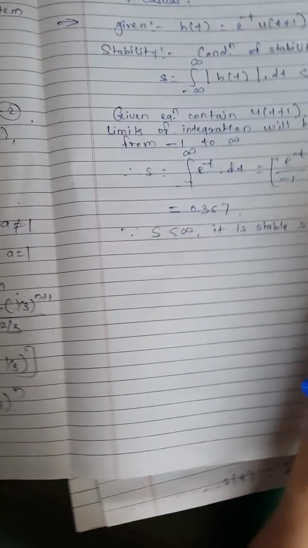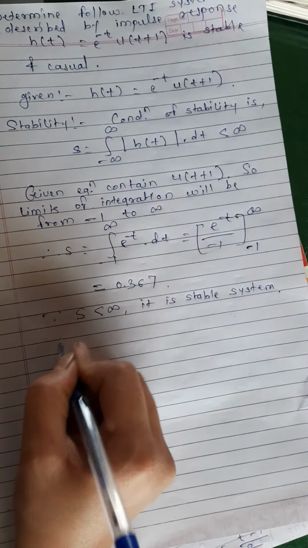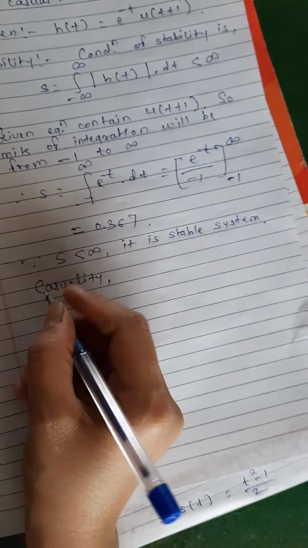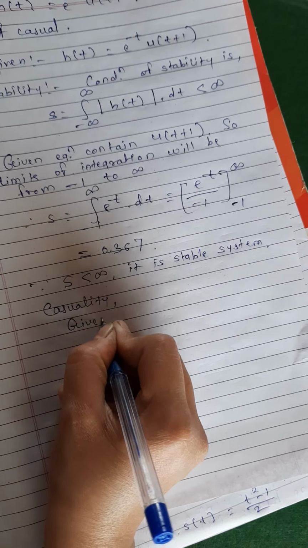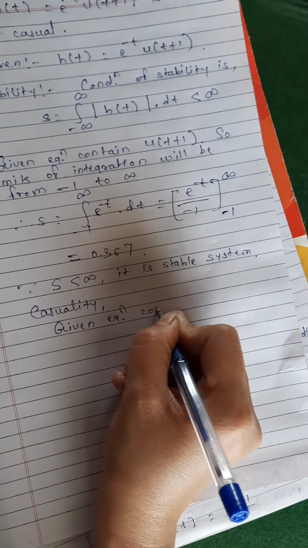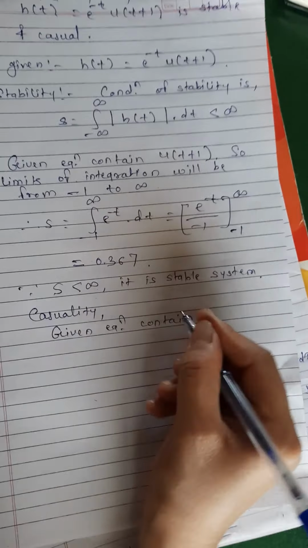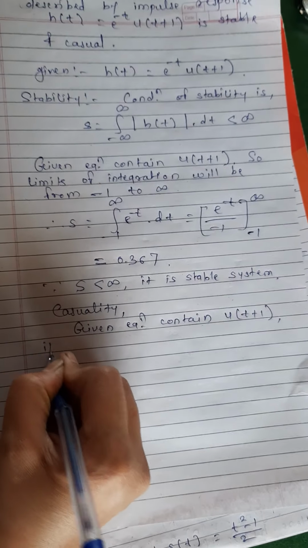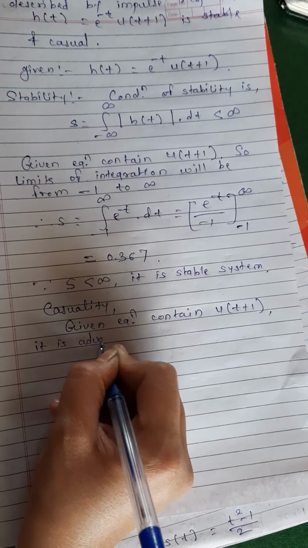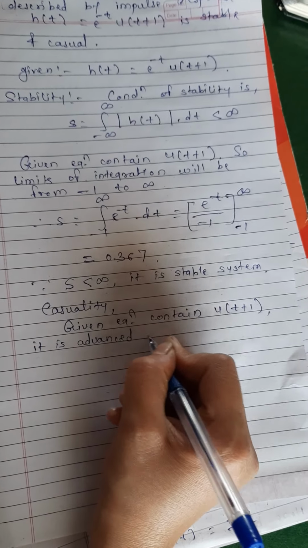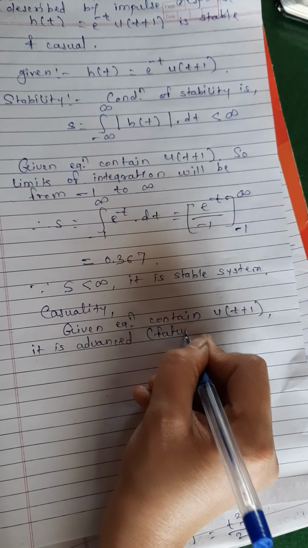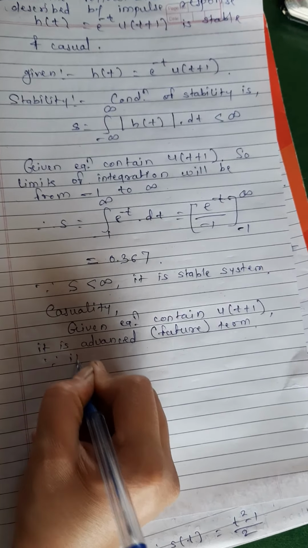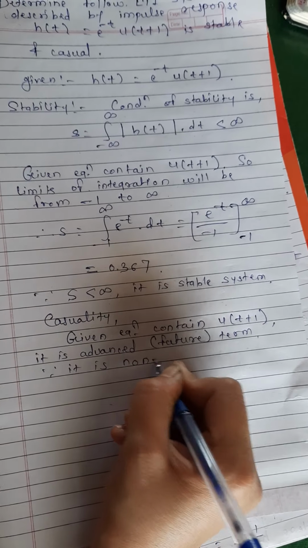The system is stable. Now for causality, the given equation contains u of t plus 1, so it is advanced, or we can say future term, so it is non-causal system.